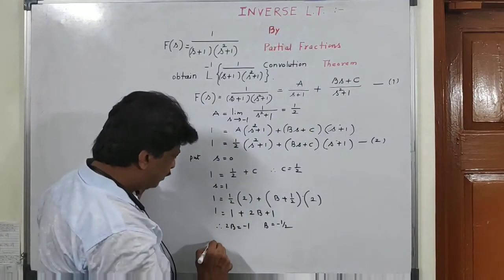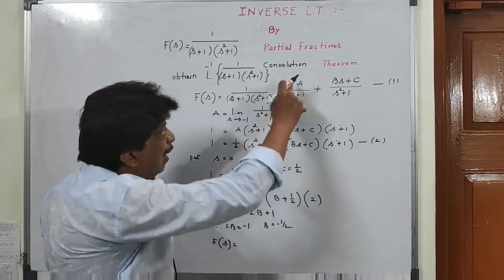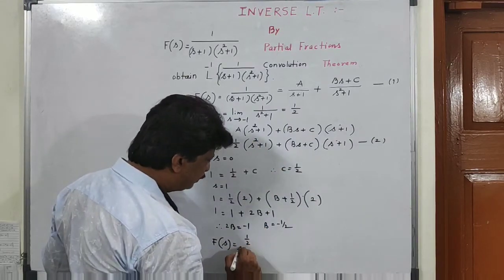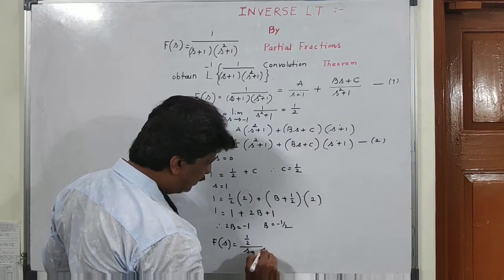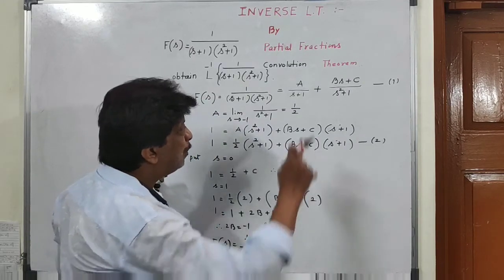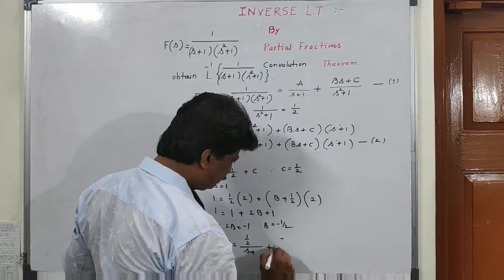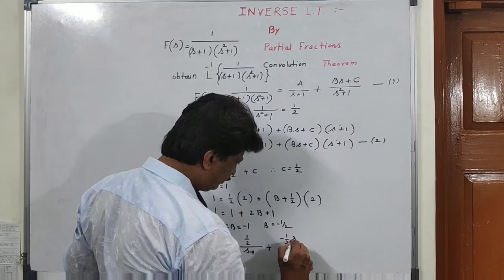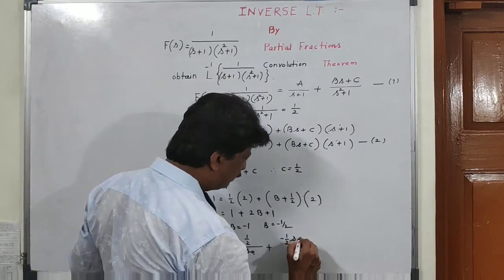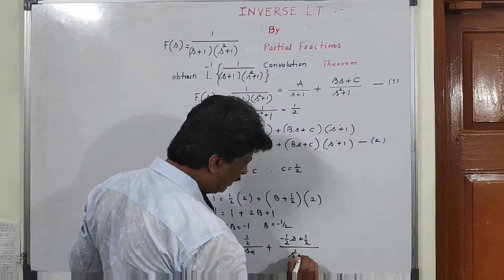Therefore, this F of s becomes A upon s plus 1, A is 1 by 2 upon s plus 1, plus (bs plus c), b is minus 1 by 2 into s plus c, c is again 1 by 2, upon s square plus 1.